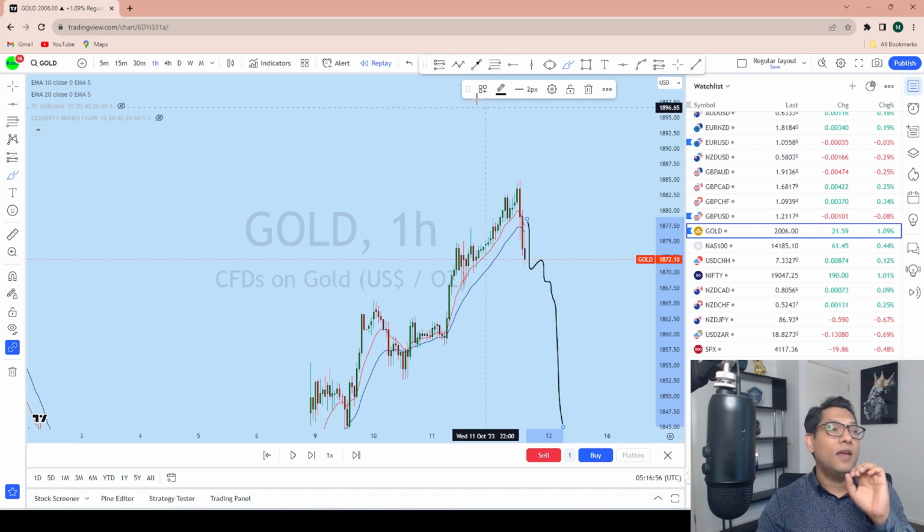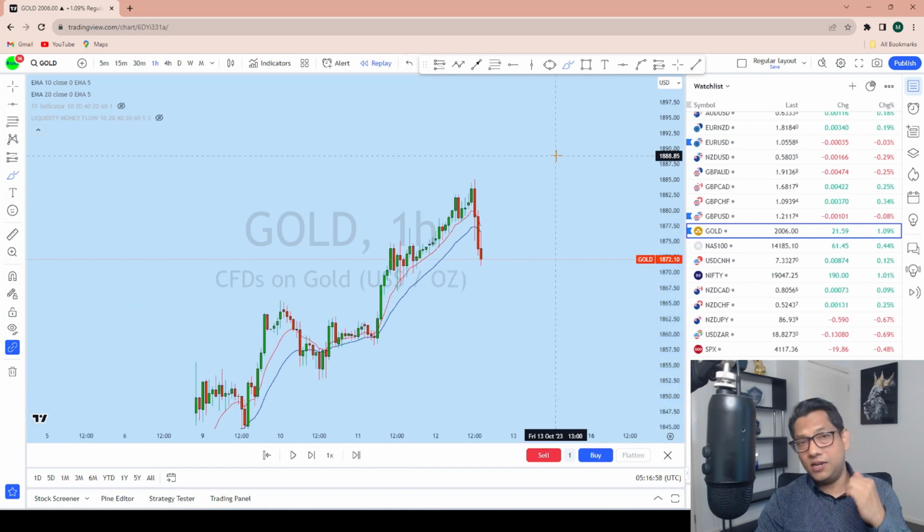A trend is not built in one day, and it's not going to end in one day. So it is always a good idea to wait for a break of structure and then look to trade based on the price action in the direction of the major trend.